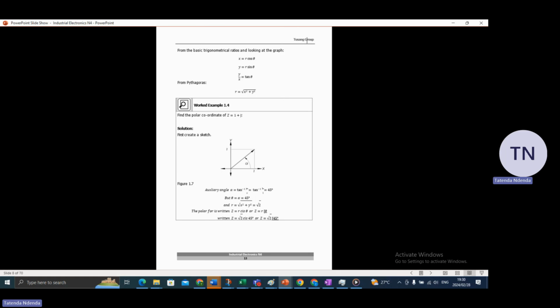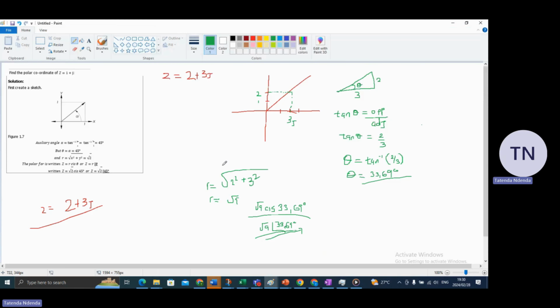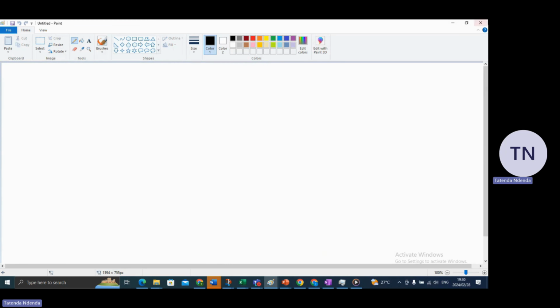So we did create a sketch, and we had some other colored diagram that we're now referring to. So there are certain things that you just have to remind each other, just simple things.